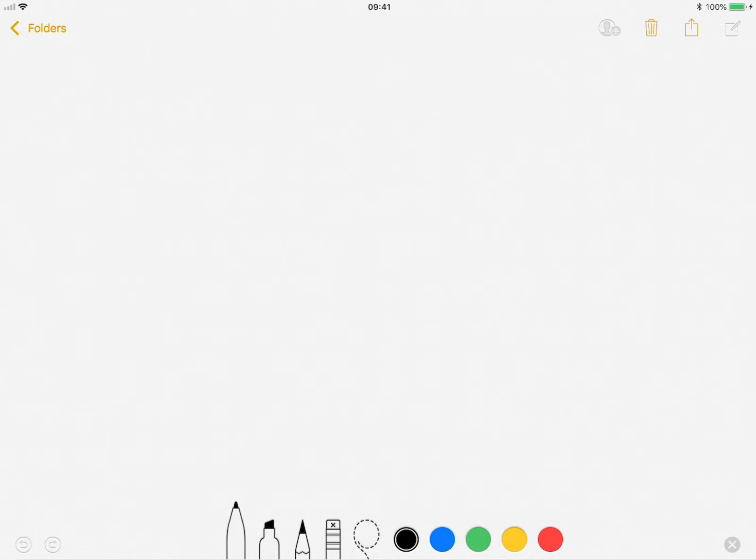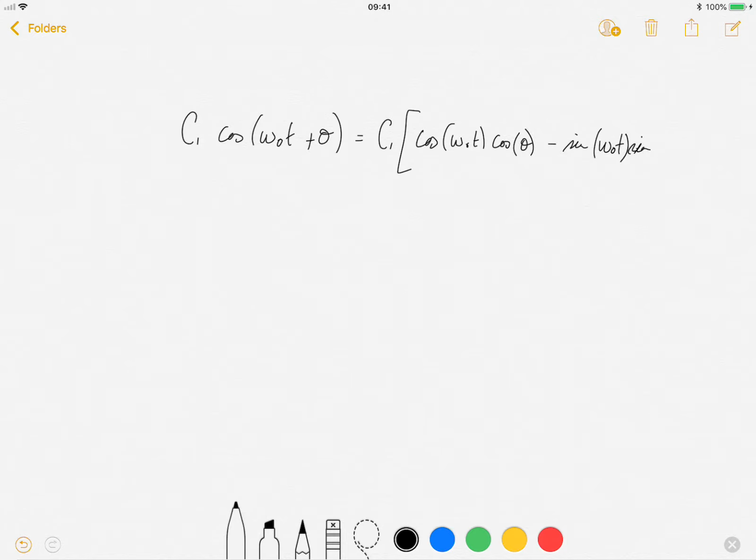So c1 cos(omega0 t + theta) can be rewritten as c1 multiplied by cos(omega0 t) cos(theta) minus sin(omega0 t) sin(theta).